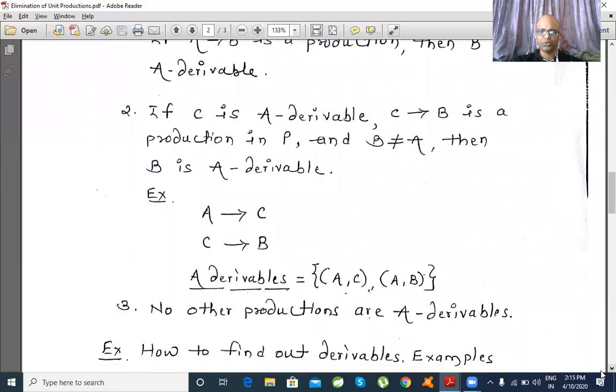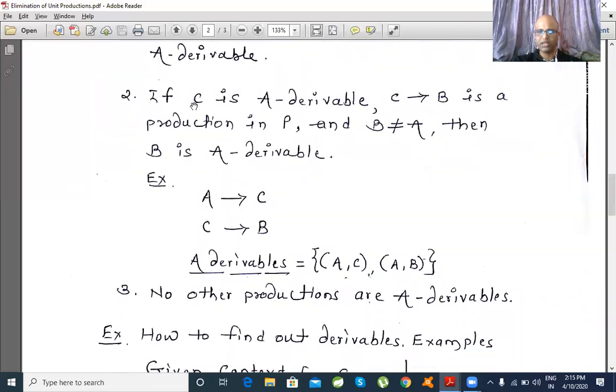Condition number 2 is: if C is A derivable, and there is a production C deriving B in a given context-free grammar, and this is a production in your P, and your B and A should not be the same, so these two non-terminals should be different, then we say B is A derivable.